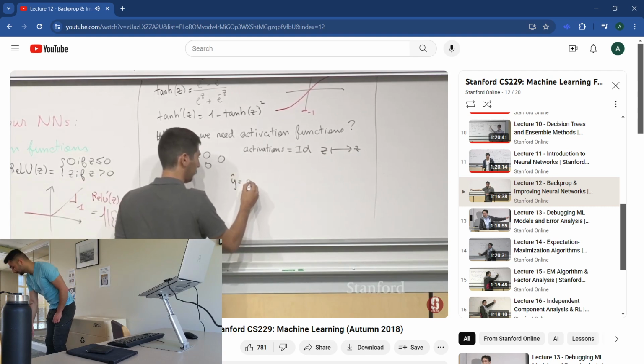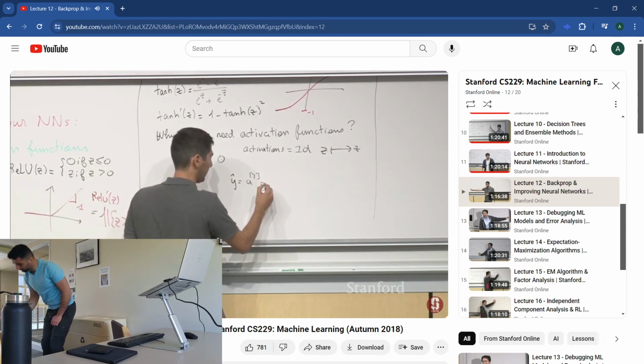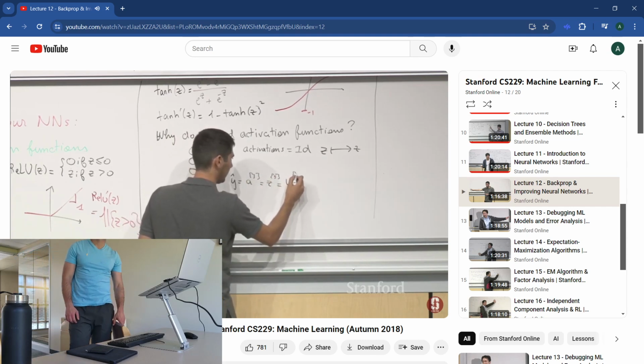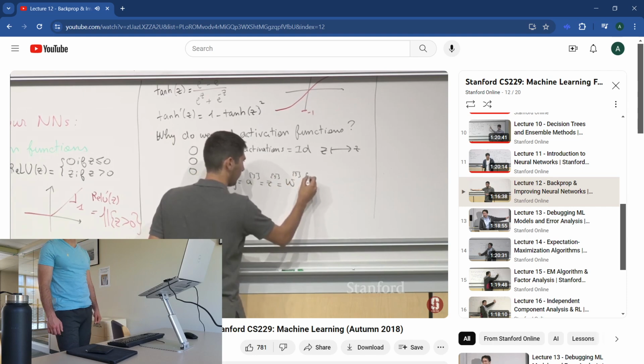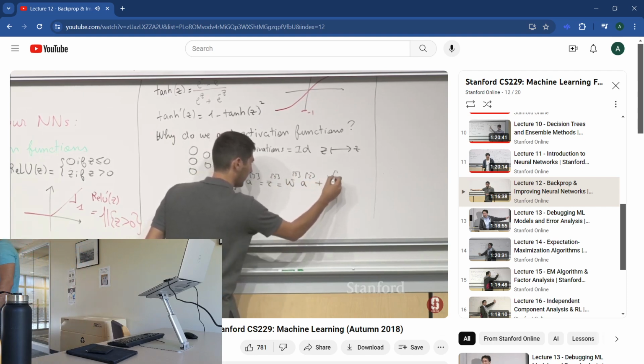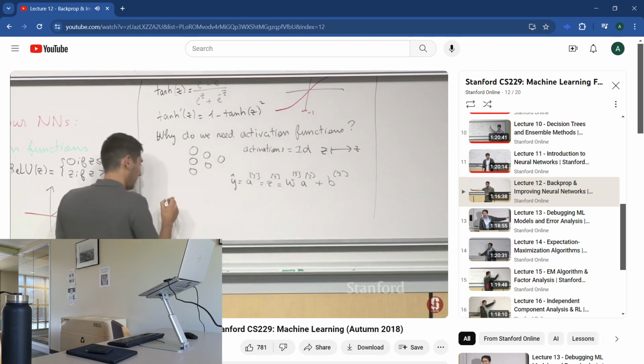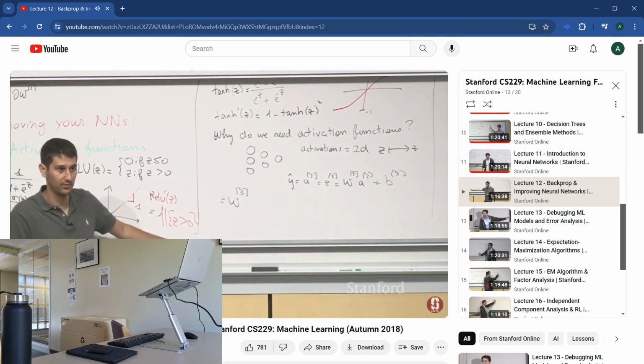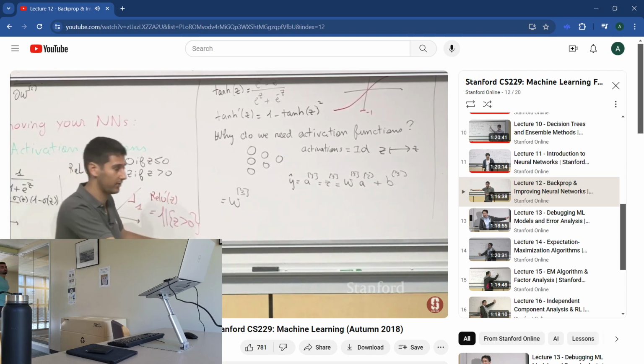Y hat equals A3 equals Z3 equals W3 A2 plus B3. I know that A2 is equal to Z2 because there is no activation, and Z2 is equal to W2 A1 plus B2.